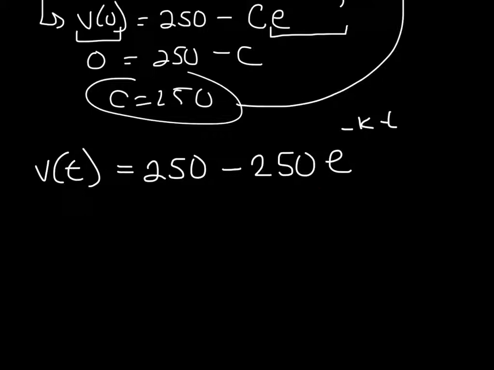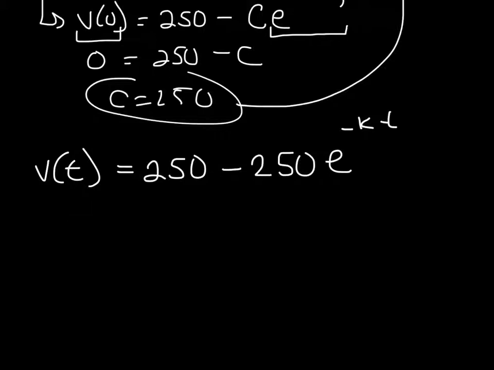A lot of students want to write 0 because they see 250 minus 250, but recall the order of operations from math: you have to do your exponents first, raise to some power, then multiply by 250, and then multiply by -1, and then add your 250.